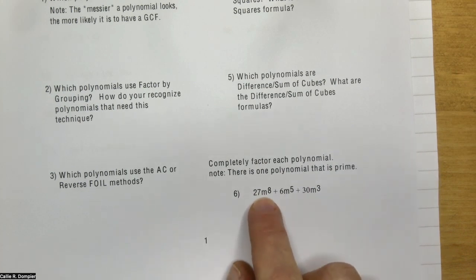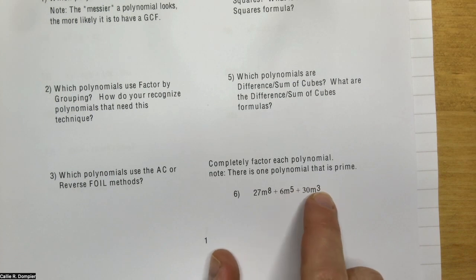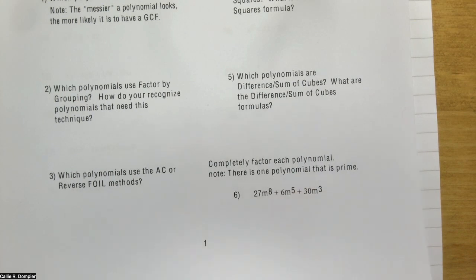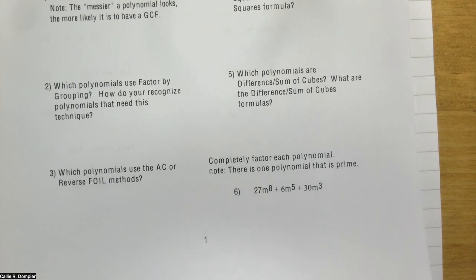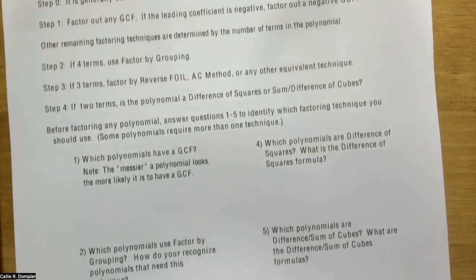I could also look at m to the power of 8 and m to the power of 5 and m to the power of 3 and think I can factor out an m to the power of 3, right? So that's what we mean by factoring by grouping. Or sorry, I always say that wrong. Greatest common factor. That's what we mean, is we're taking out anything that is common to all three of them to make those numbers smaller, because the smaller the number is, usually the easier it is to continue factoring and working with, okay?